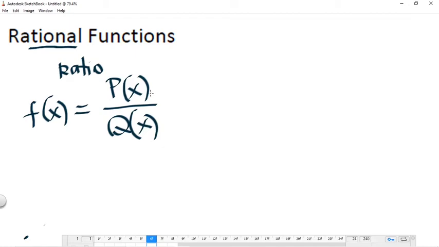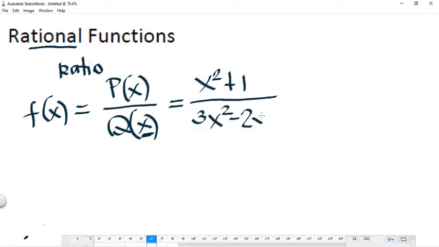These two polynomials are based on variable x. An example is x raised to 2 plus 1 divided by another polynomial 3x raised to 2 minus 2x plus 2.